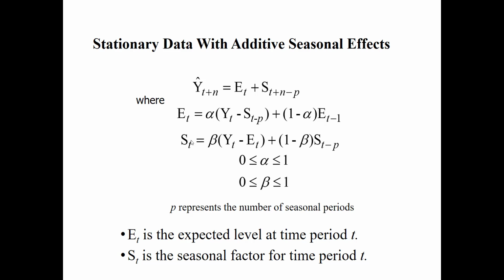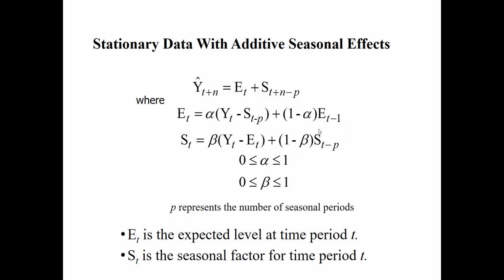Similarly, the seasonal effect is adjusted based on its previous seasonal time, with a p-times difference between S_t and S_t-p. We adjust this based on the real observation and the expected level of the current time.